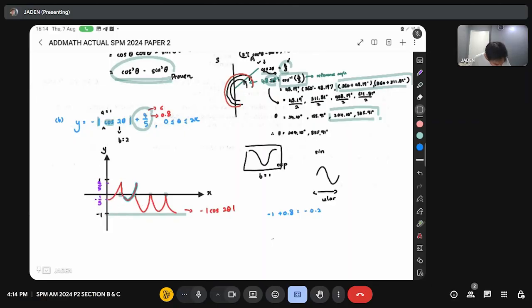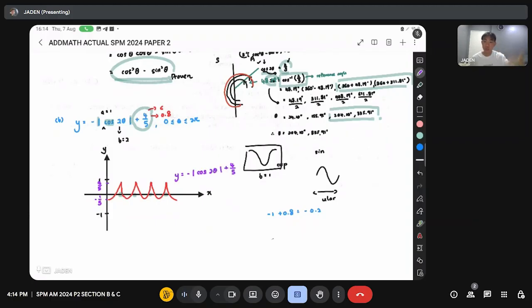Let me move here. And there you go. You want to make sure that all the lines here now are at negative 1 over 5, which is negative 0.2, and then originally at 0 will be up to 4 over 5, which is 0.8 here. And that is your complete graph of the equation y equal to negative modulus cos 2 theta plus 4 over 5.